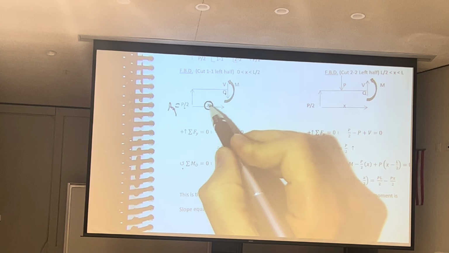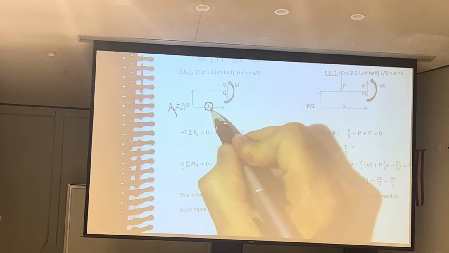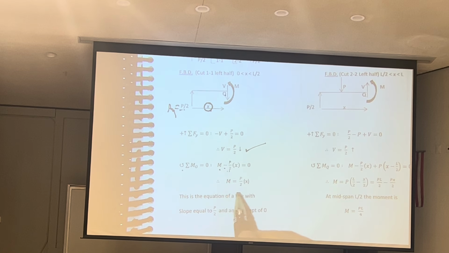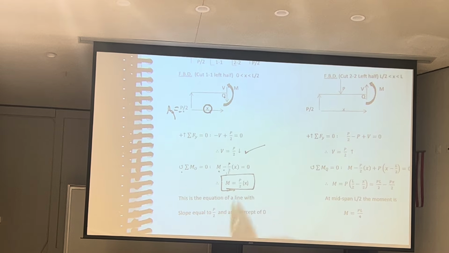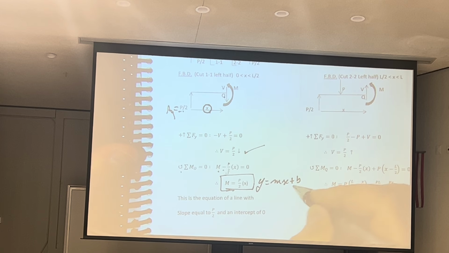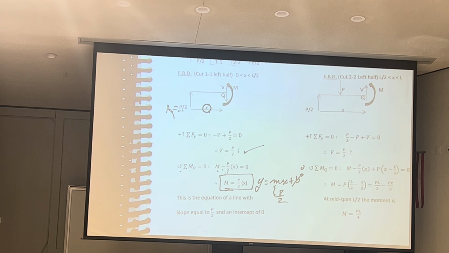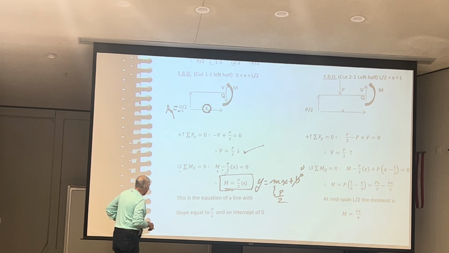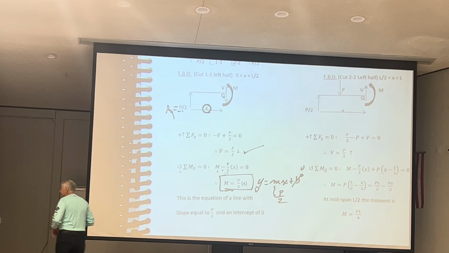Since I'm summing at O, it's force times distance, so it's P over 2 times X. So M is equal to P over 2 X. Well, that is really nothing more than y equals mx plus b, with b equals 0 and m equals P over 2. So it's a line with the slope being P over 2 and the y-intercept being 0.